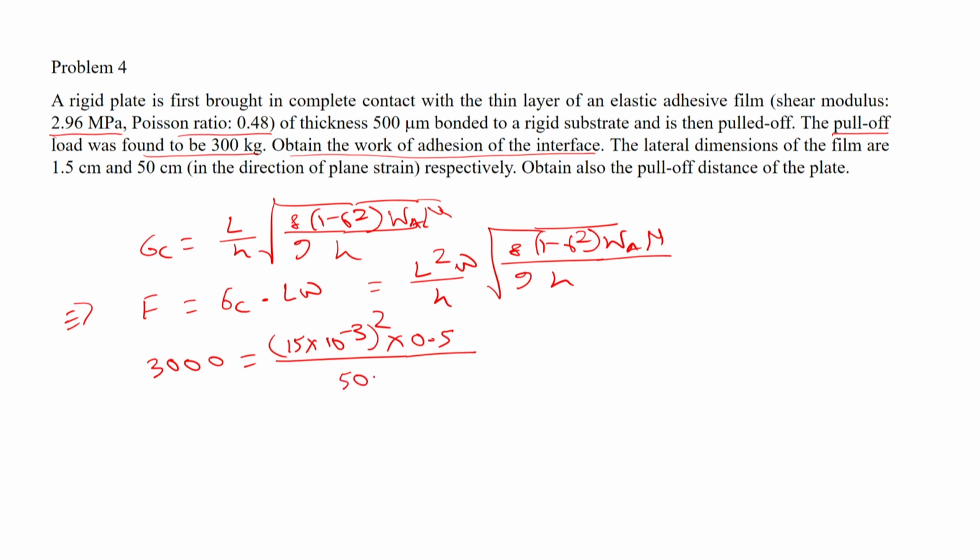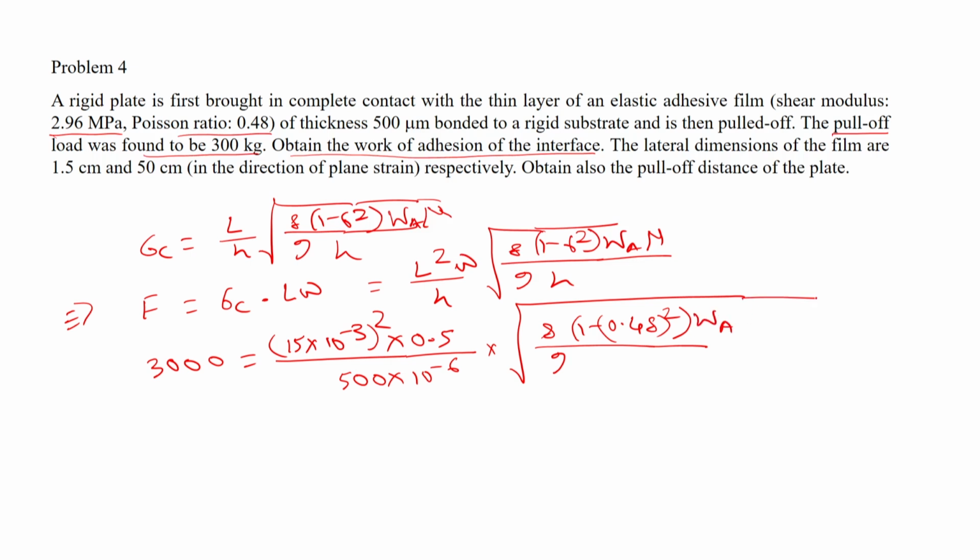So, 500 into 10 to the power minus 6 over here, into square root of 8 by 9 into 1 minus sigma square. So, that means 0.48 square, right, and W A is the thing that needs to be found out. Mu is given to be 2.96 megapascal, 2.96 into 10 to the power 6, and film thickness H is again 500 into 10 to the power minus 6. So, this is the way, and W A needs to be found out.